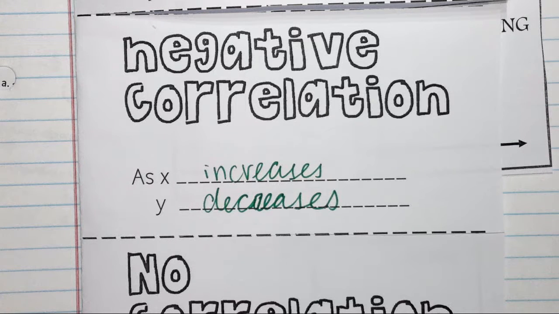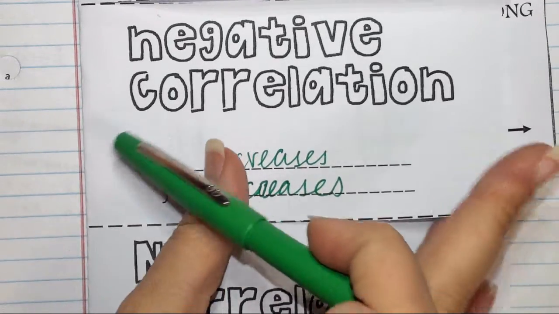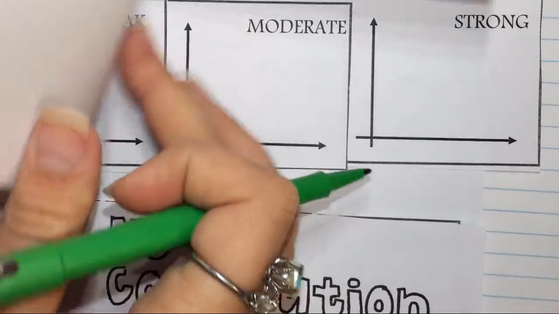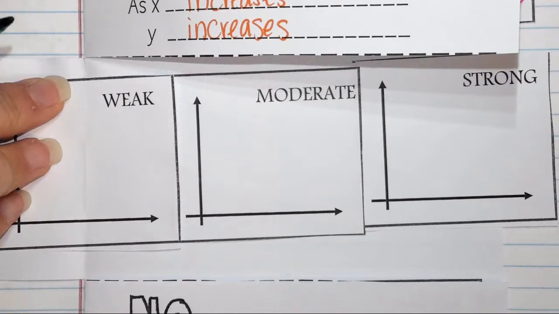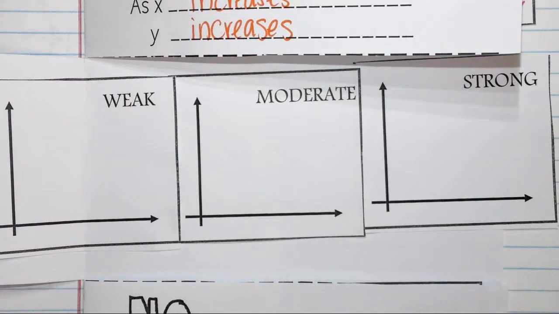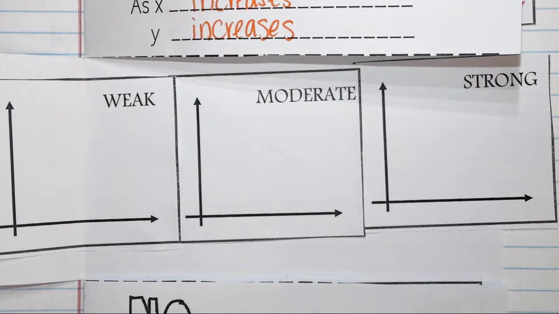I want you to draw your weak, moderate, and strong scatter plots without me. You can do it. And hopefully you also have your half sheet, because you're going to need that.